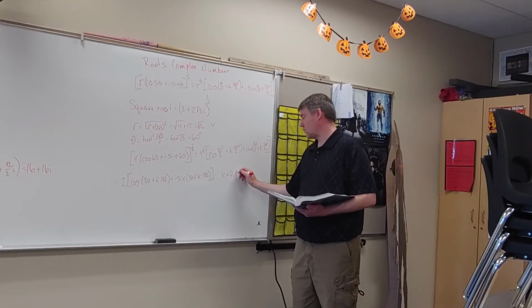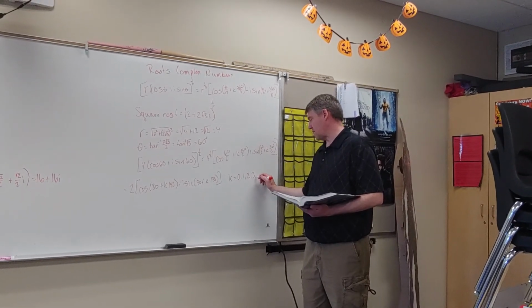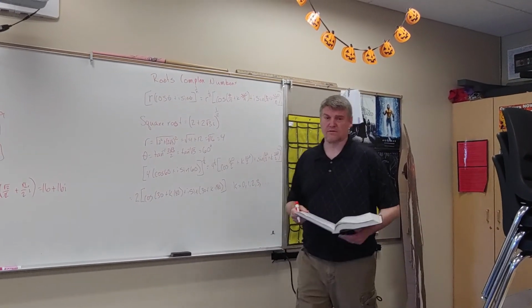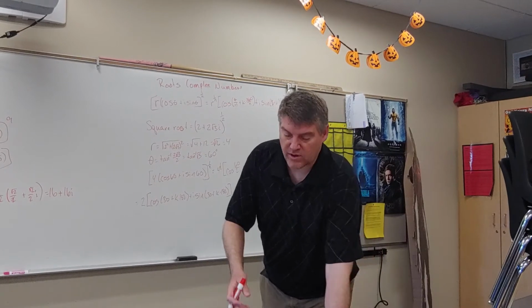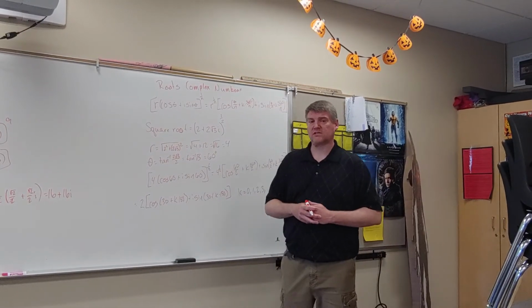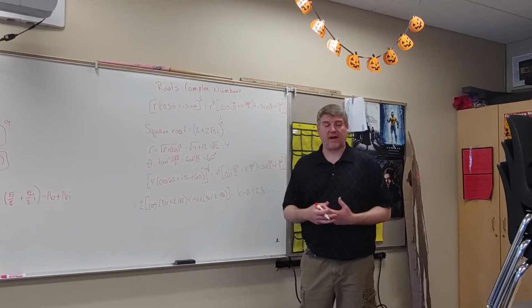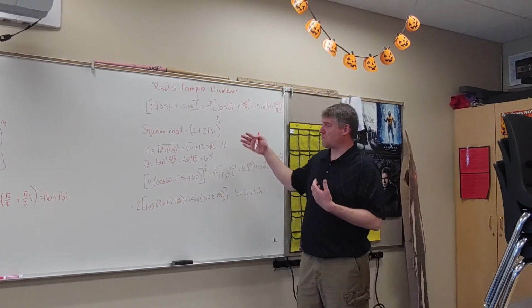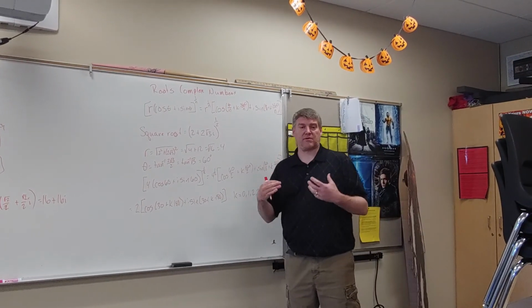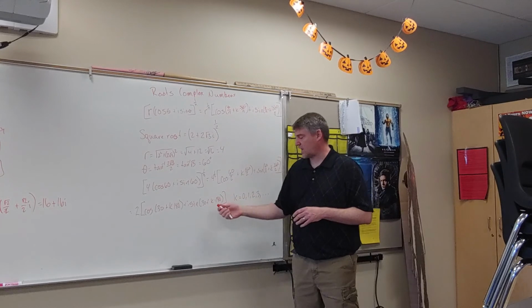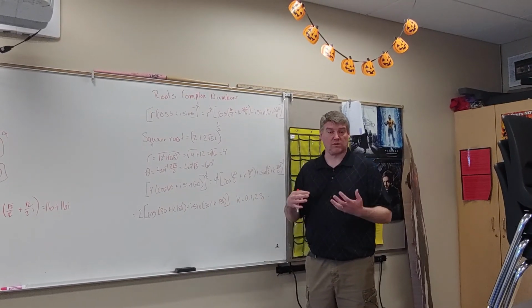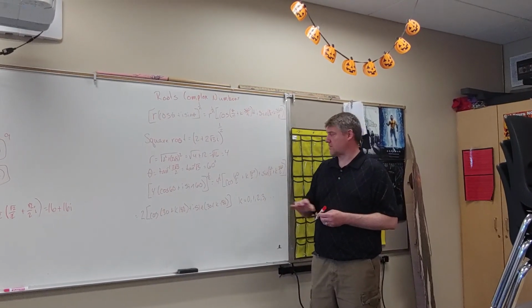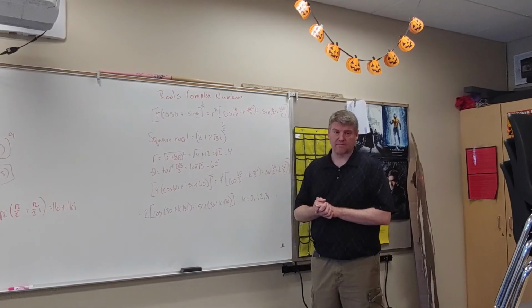So 0, 1, 2, 3, and so forth. If you remember, this is how we found all those occurrences of the same value, because sine and cosine are periodic functions, and so this k ends up becoming just a whole number. It's going to multiply this value here over and over again.